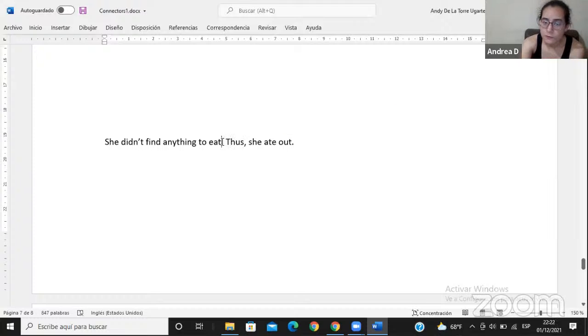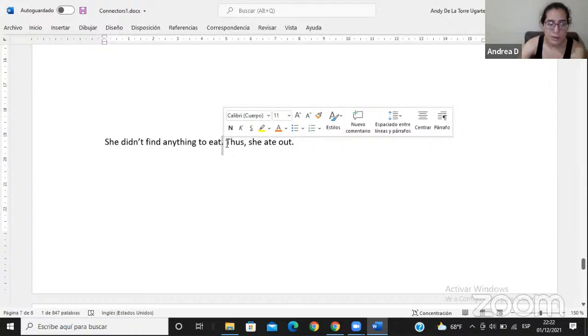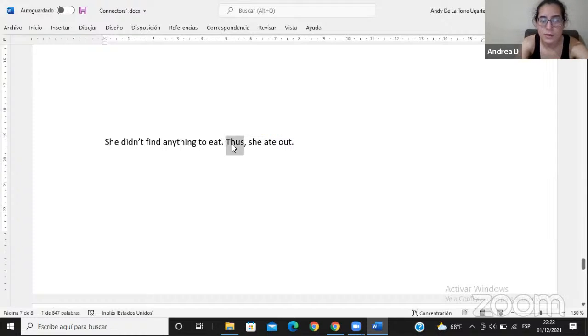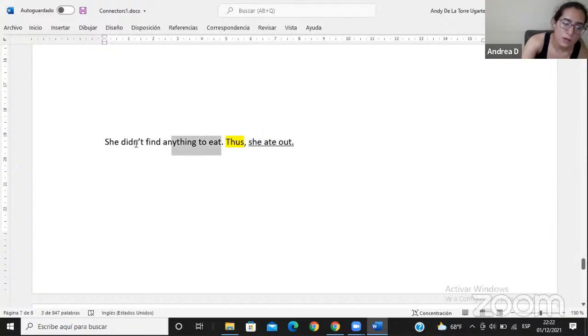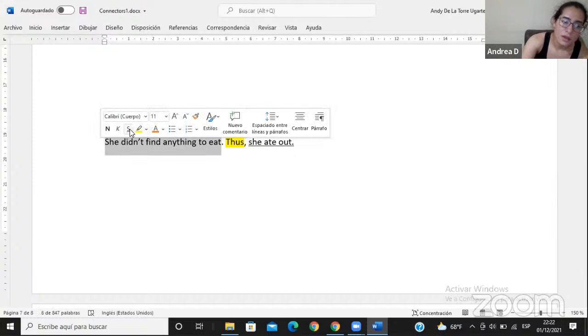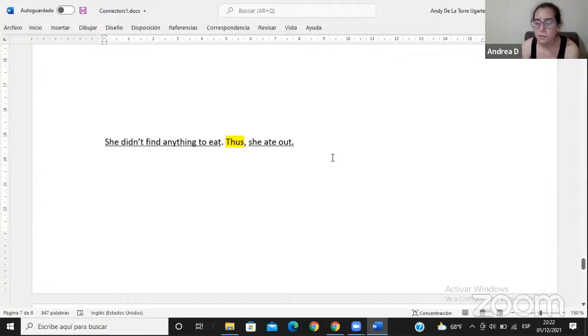So this is one way to use a transition. Let's talk about this. This here is connecting two clauses, right? Connecting this clause here and this other clause here. Now, are those independent or dependent clauses? Independent clauses. Exactly.